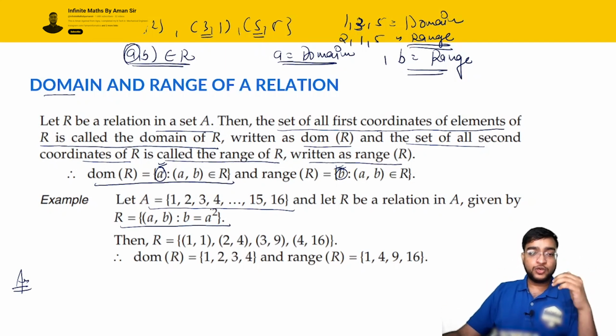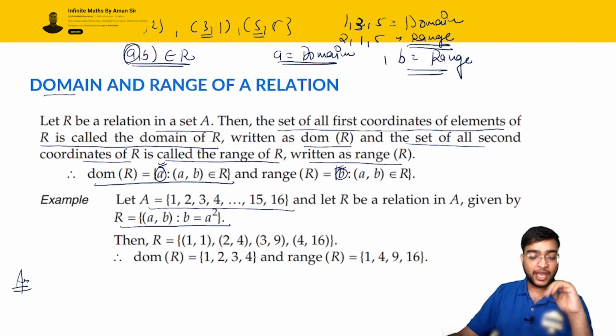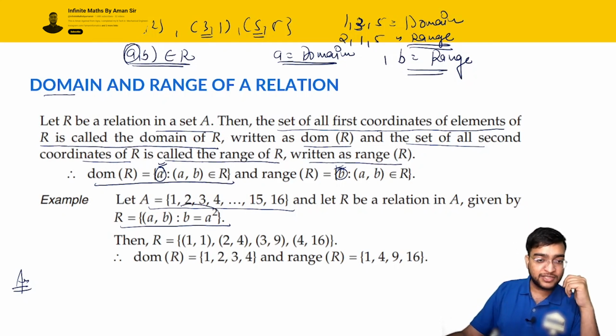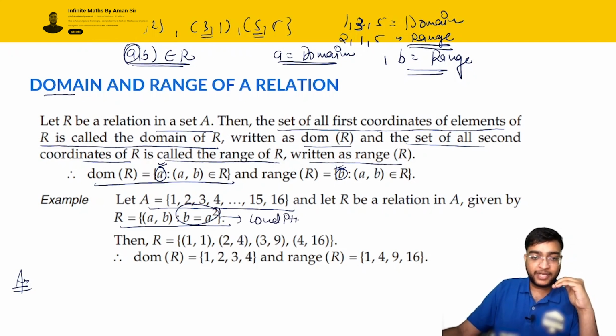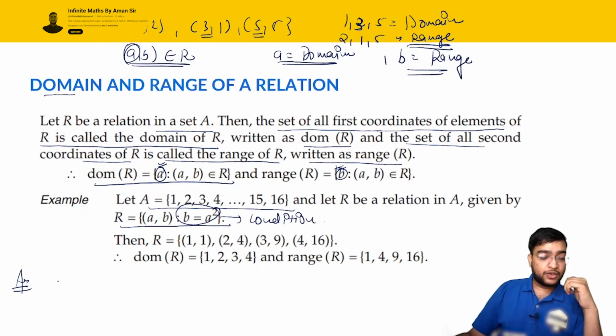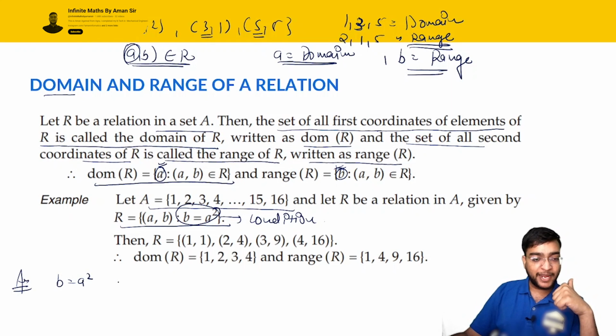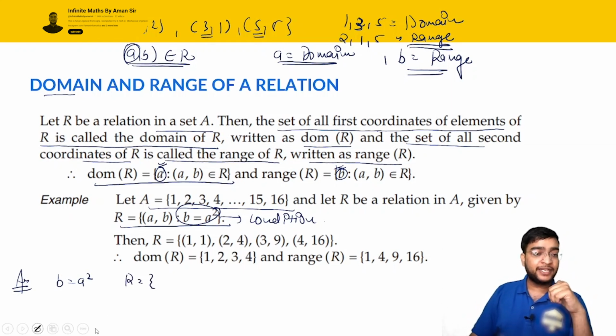I'm trying to give you an idea, so let's solve this relation. This is my condition: b equals a square, and my relation is the pairs (a, b).